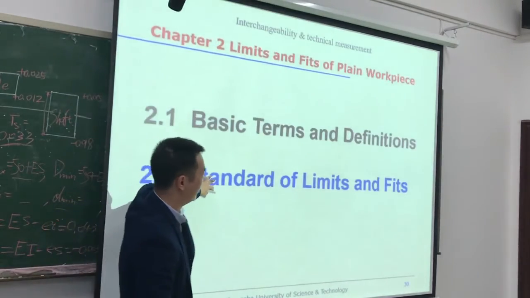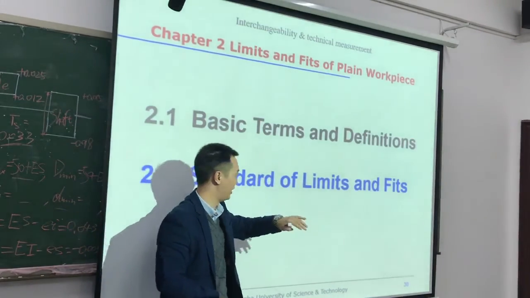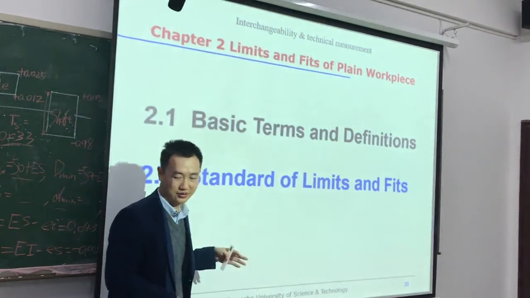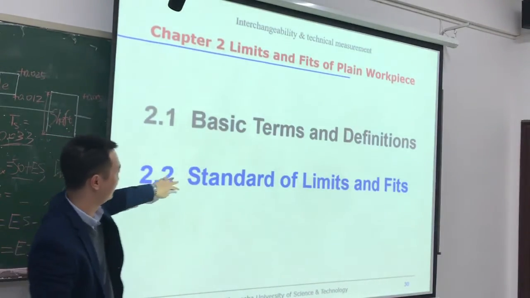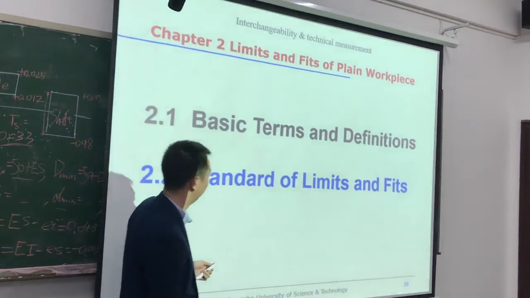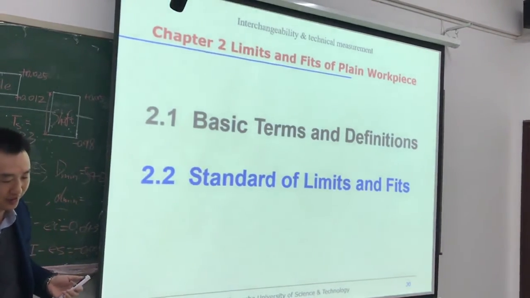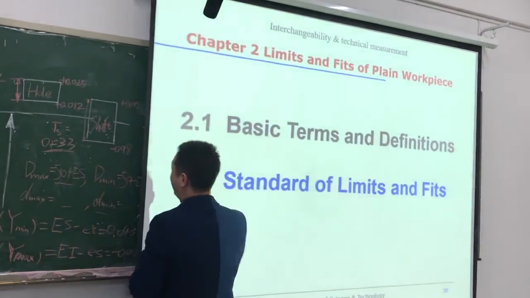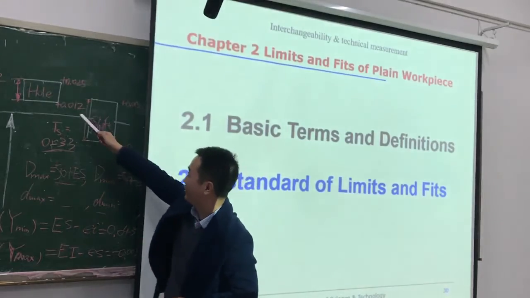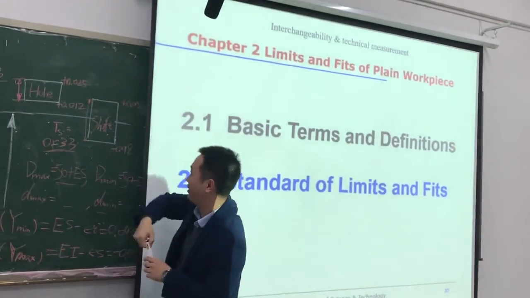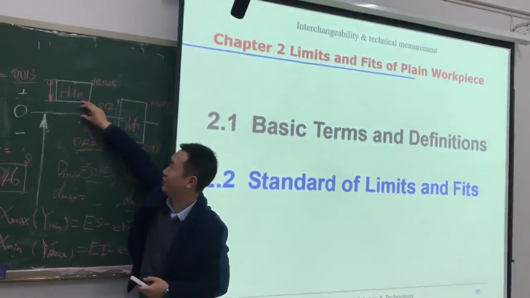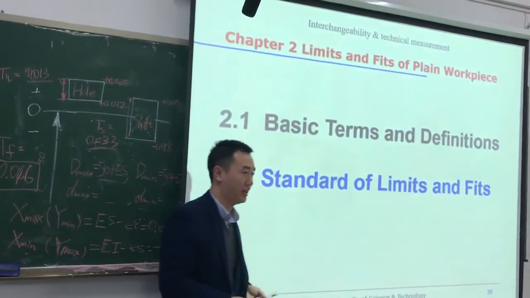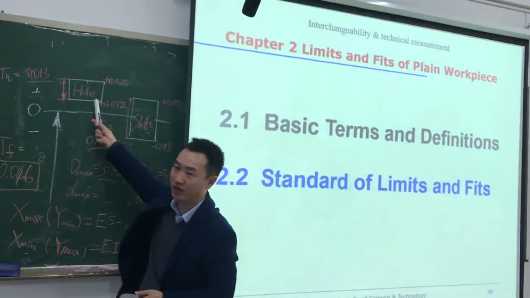So now let's move on to section 2. I don't believe we can finish this section, but let's introduce some parts. The second section is the standard of the limits and fits. Before, the size of the tolerance zone and the fundamental deviation were just random numbers. But in real production, those numbers cannot be random.